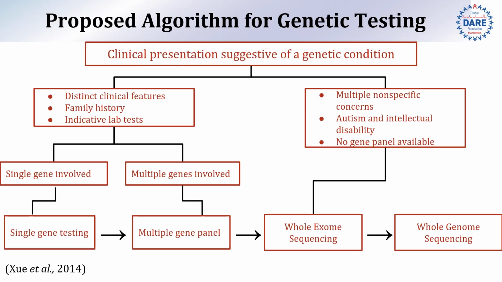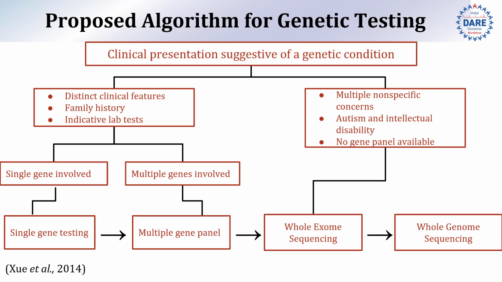So putting this all together, this algorithm outlines a stepwise approach to genetic testing based on a patient's clinical presentation or symptoms. We begin with a patient who shows signs suggestive of a genetic condition. This could include distinct clinical features, a relevant family history, or perhaps abnormal lab findings.